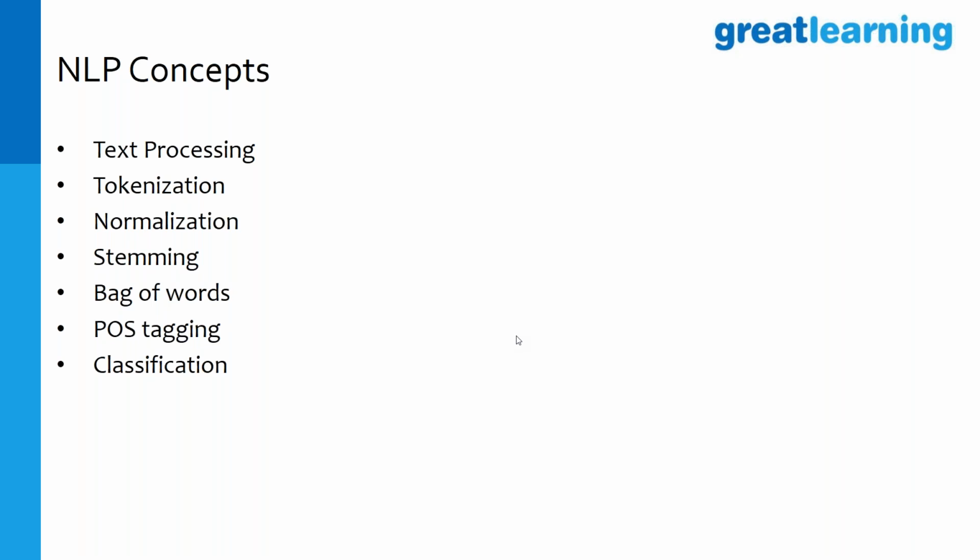And the next concept is tokenization. So what is meant by tokenization? To state it as a definition, we can say that tokenization is the process of cutting a string into identifiable language units. What exactly is this?